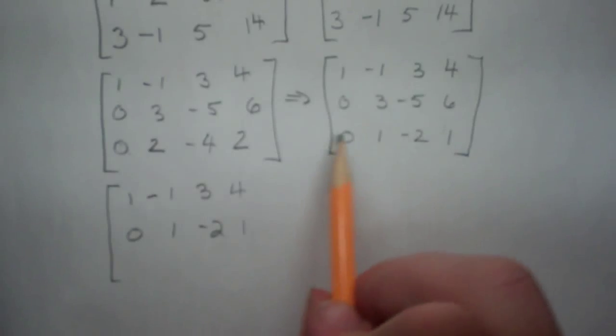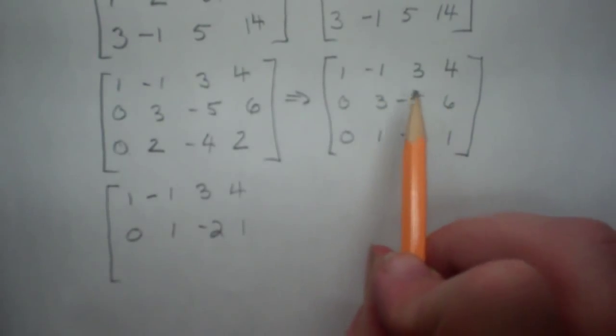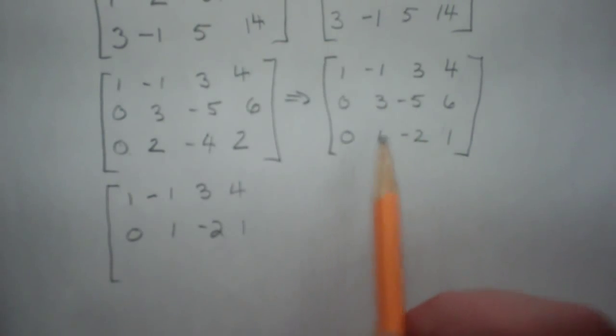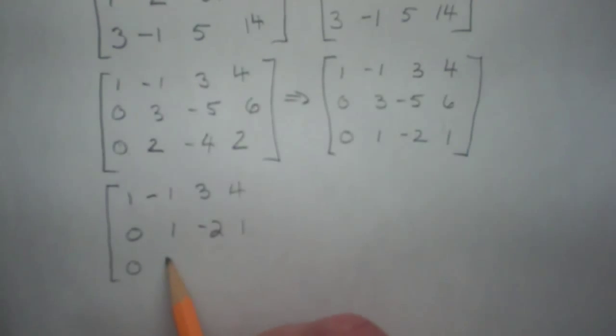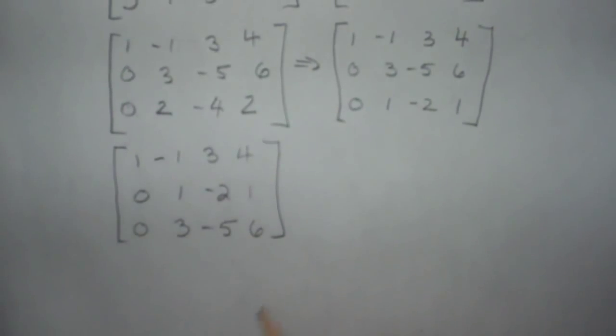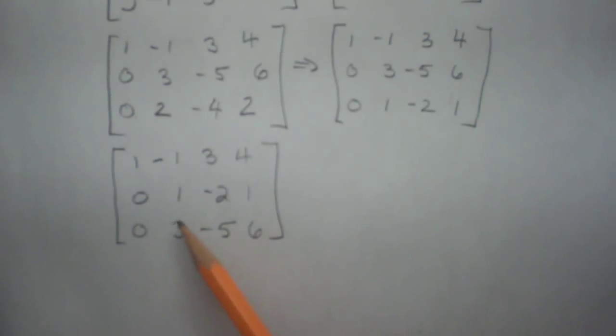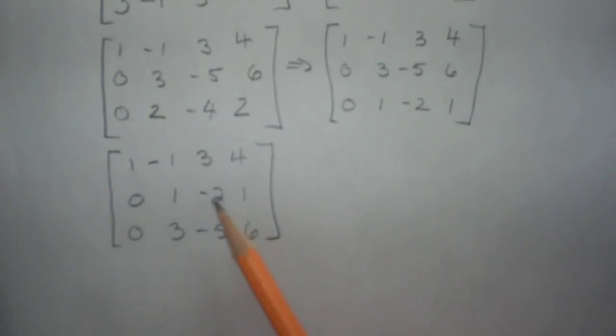I wrote that third row in the second position. Now I'm going to put the second row in the third position: 0, 3, -5, and 6. It looks like all we need to do is get rid of this 3, change that into a 0, and we'll be in pretty good shape.